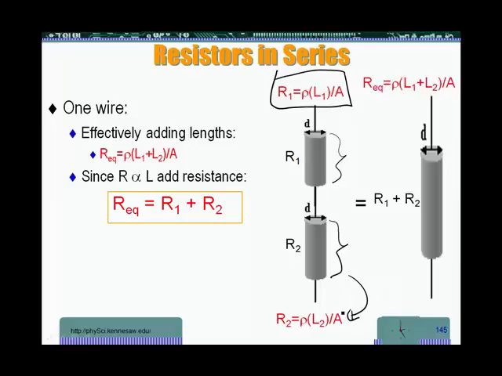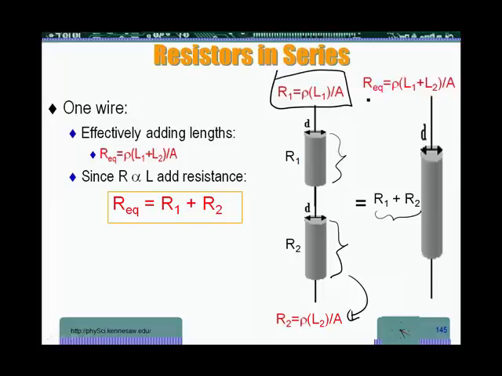Now we have them the same area, same material, so the only difference is the length. Now what if we put them against each other? Our overall resistance is going to be R1 plus R2.